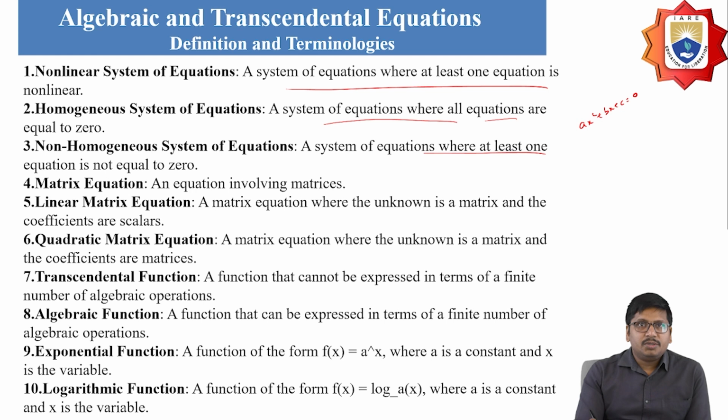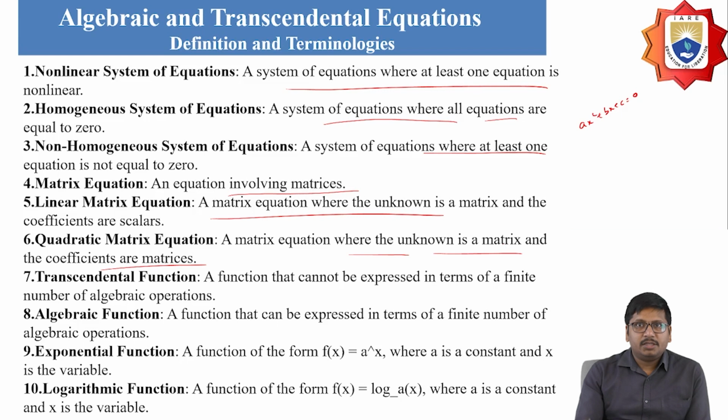A matrix equation is an equation that involves matrices. A linear matrix equation is one where the unknown is a matrix and the coefficients are scalars. And a quadratic matrix equation is one where the unknown is a matrix and the coefficients are matrices.